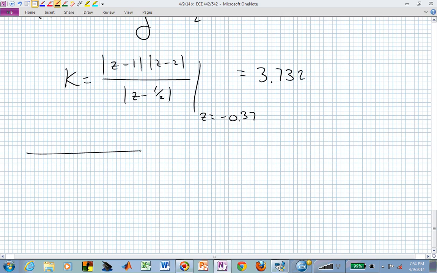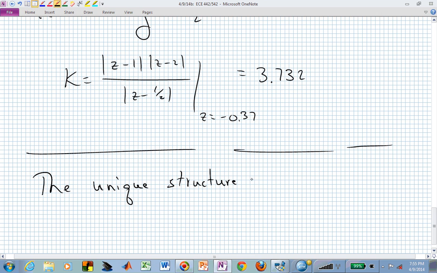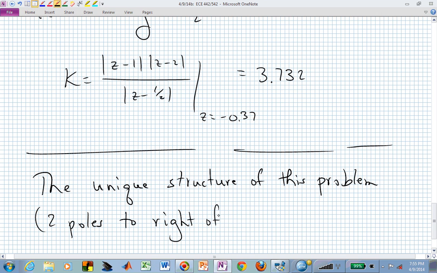Let me write down what we are seeing for this particular pattern. The unique structure of this problem is two poles to the right of 1, 0.